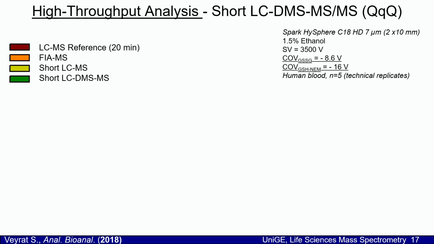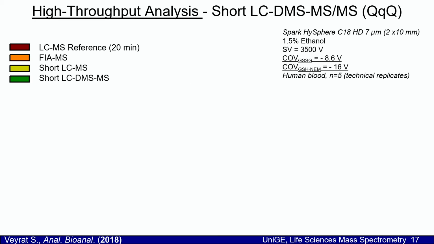And Ms. Vera was developing a high-throughput method based on a short LC-DMS-MS method, using a 1 centimeter column and ethanol as a modifier for the DMS. She compared it with the reference 20 minute method, with flow injection analysis, short LC-MS and short LC-DMS-MS.